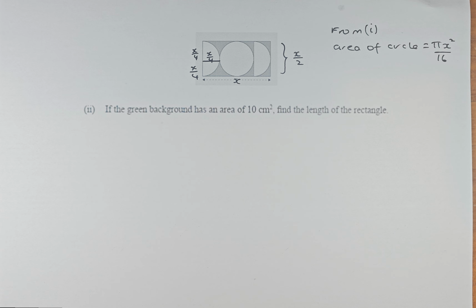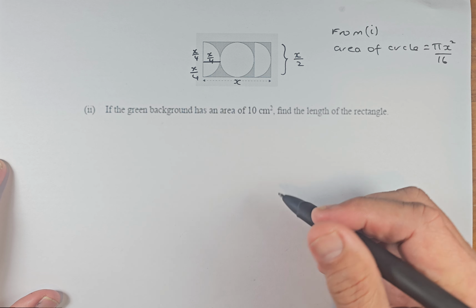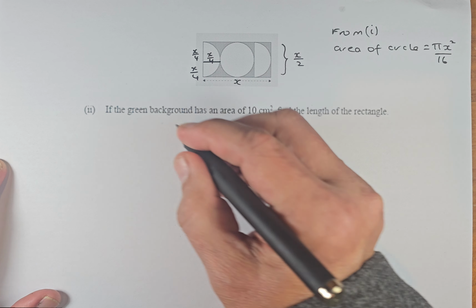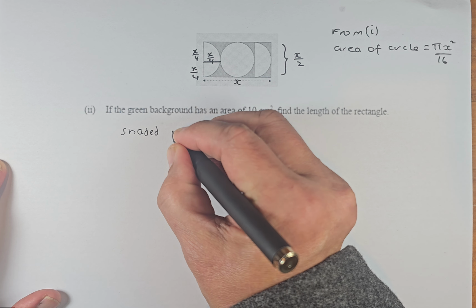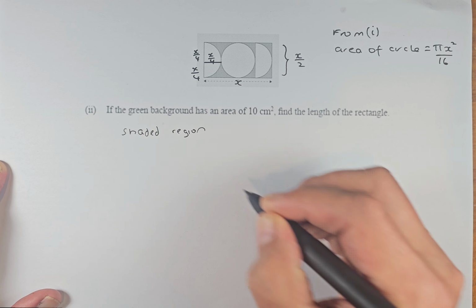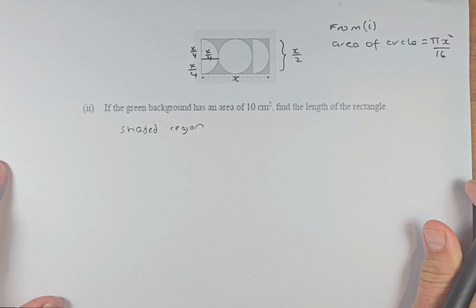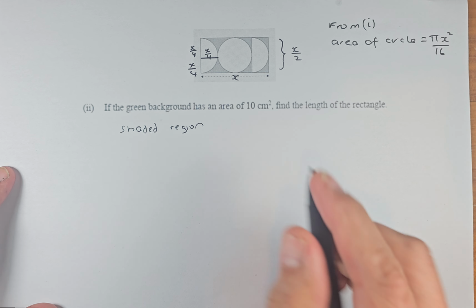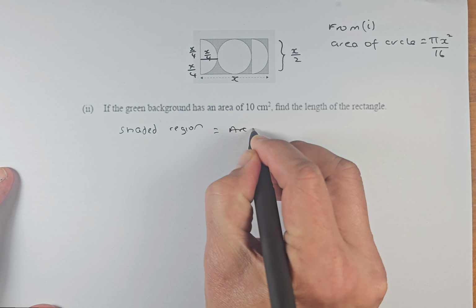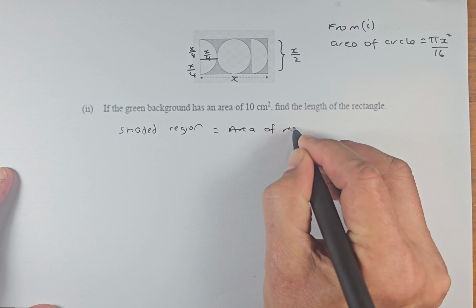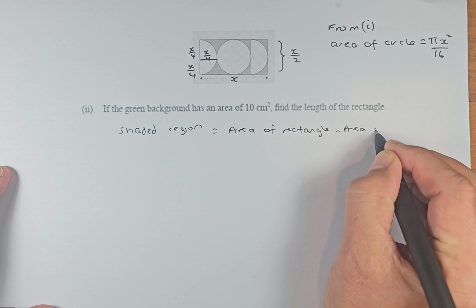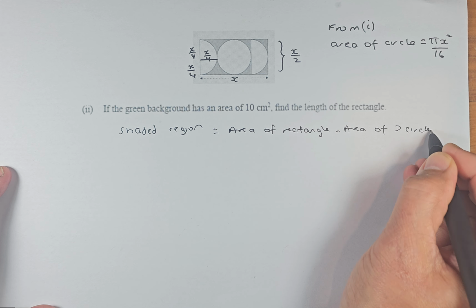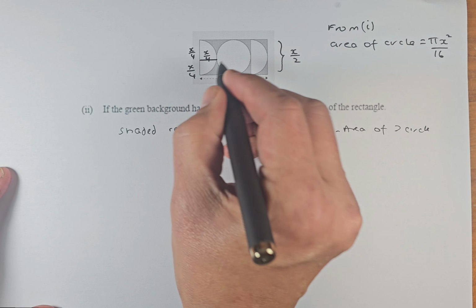To do that, we need to know that the green area, the dark shaded region, is made up of the area of the rectangle minus the area of two circles, because it's made up of one circle and two semicircles.